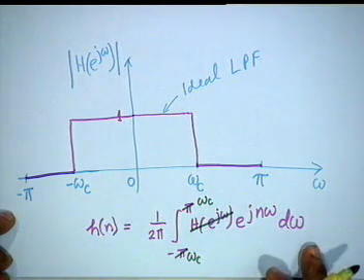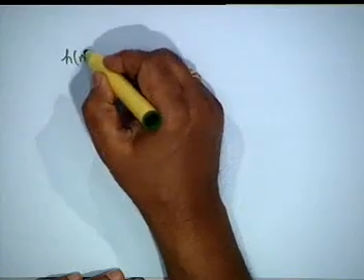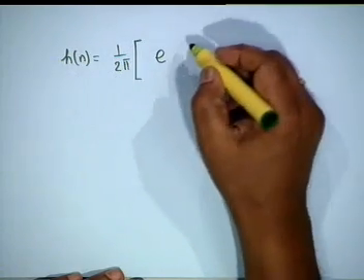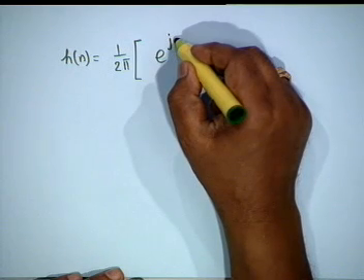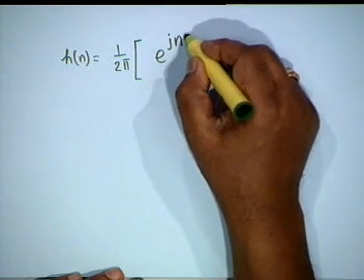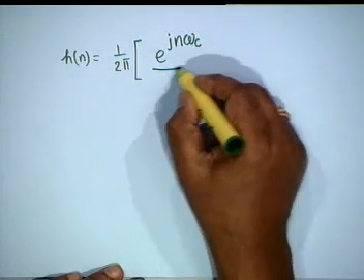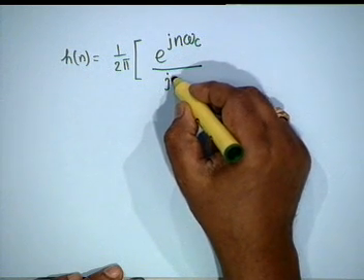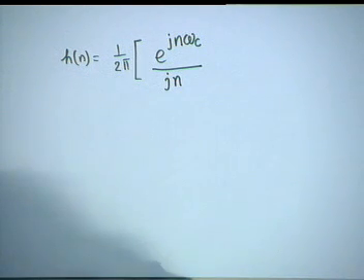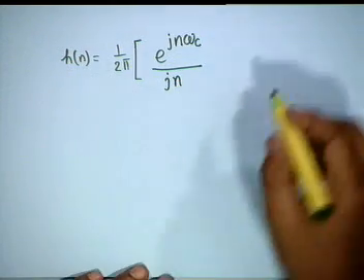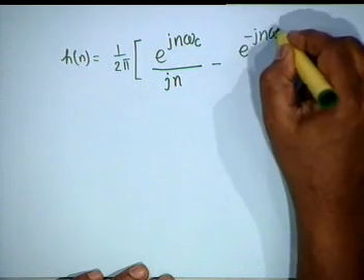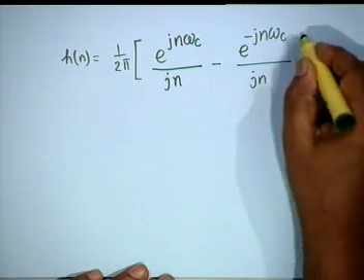So, this is the range that we have to integrate, and the integration is very easily seen as h of n equal to 1 over 2 pi times e to the power j n omega c divided by j n, minus e to the power minus j n omega c divided by j n.